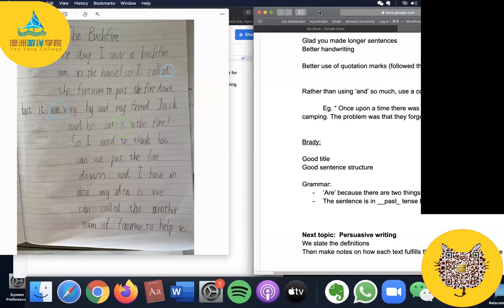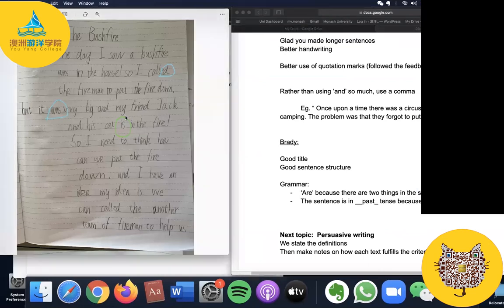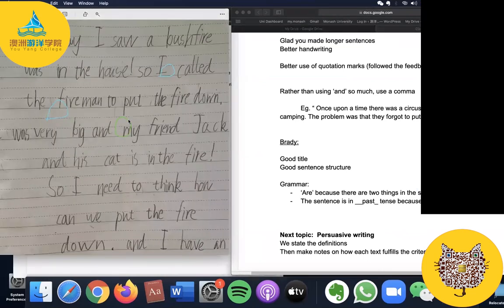And plus, I to the fire sounds like someone is saying it. Okay, thank you. So that means he should put quotation marks because it actually sounds like someone's saying it.